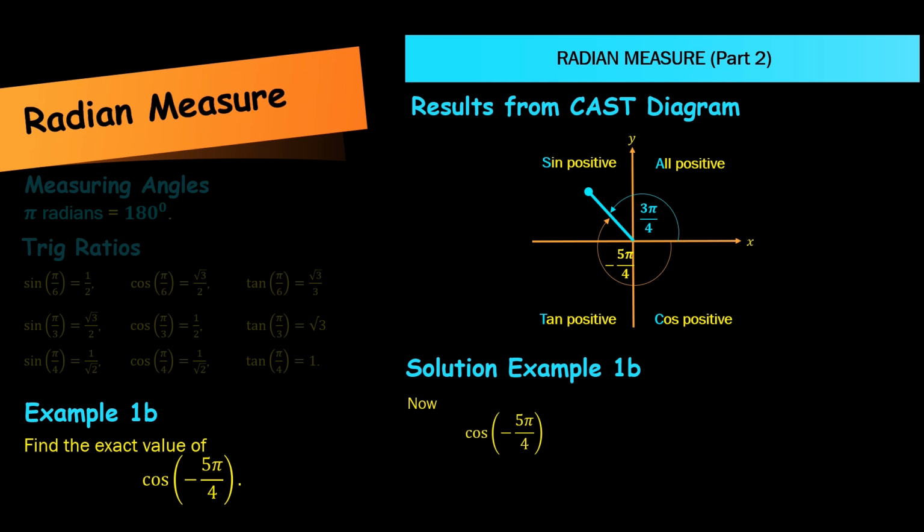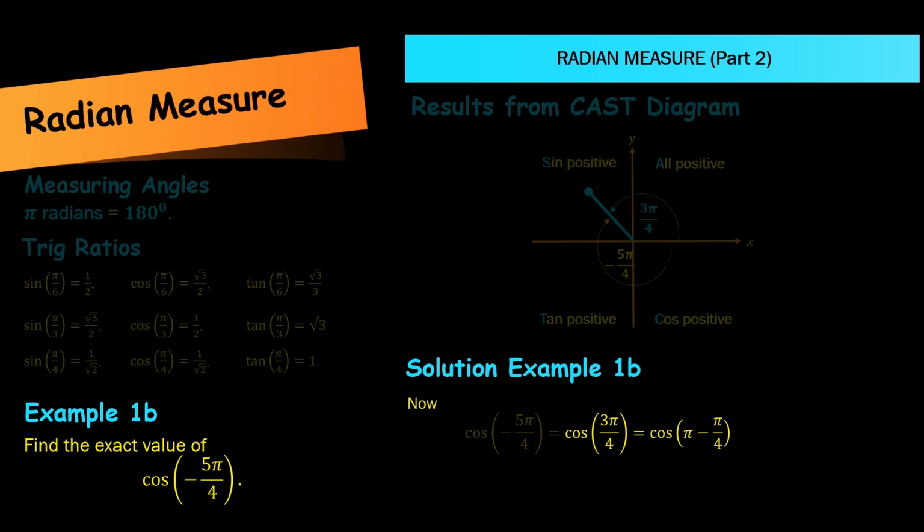This is the same as 3 pi by 4 in the anti-clockwise direction as shown. And therefore, cos of minus 5 pi by 4 equals cos 3 pi by 4.